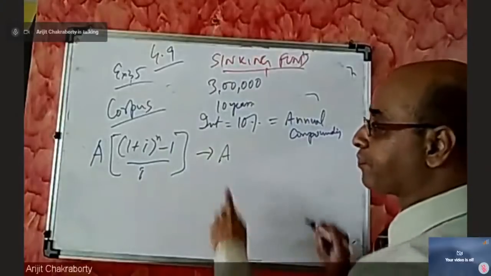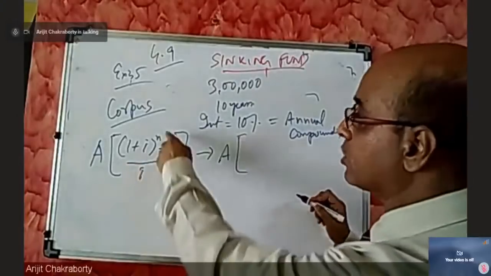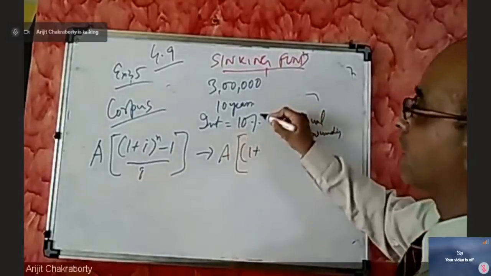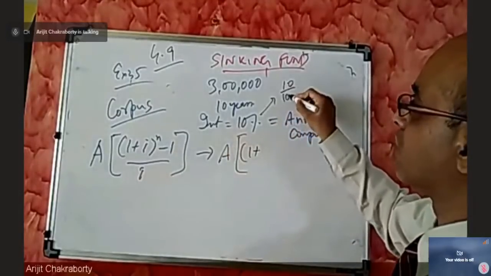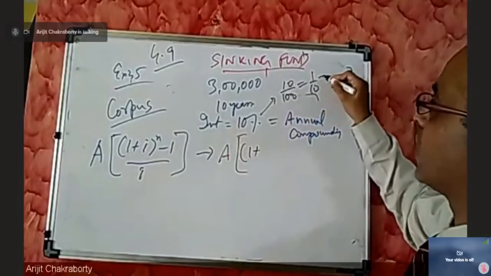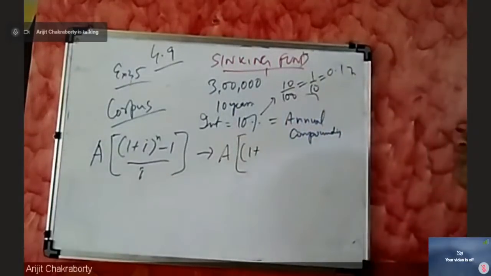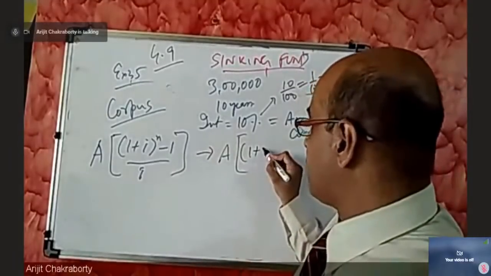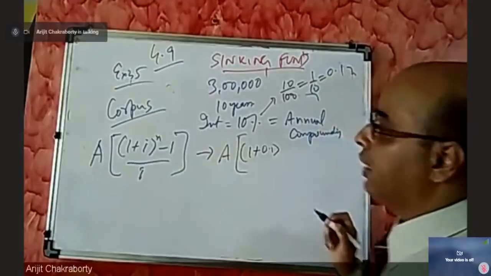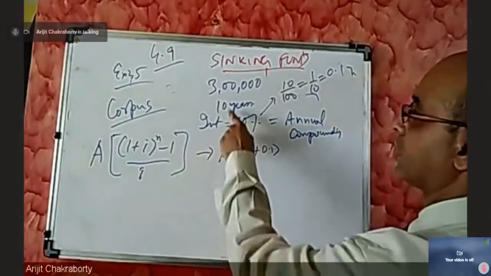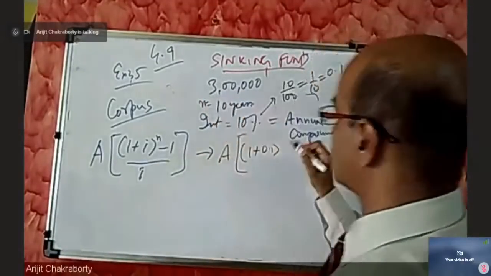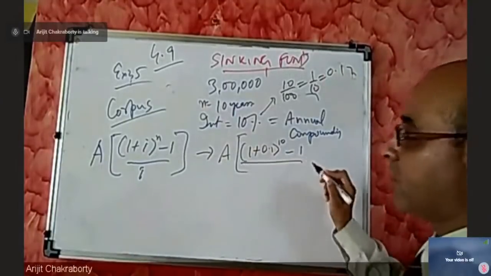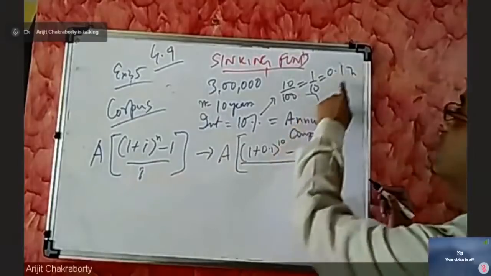I'm writing A. 1 plus i to the power n. So i is 10%. 10% means 10 by 100. That is 1 by 10. That is 0.1. Okay. So I write 1 plus 0.1. n is 10 years. So to the power 10. Minus 1 divided by i, and i is 0.1.